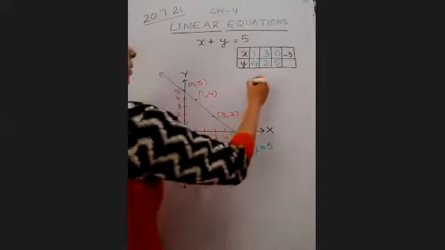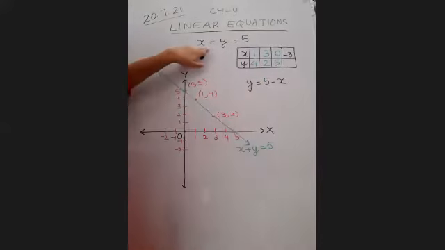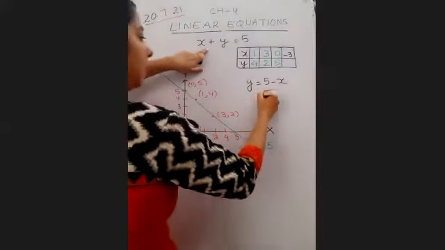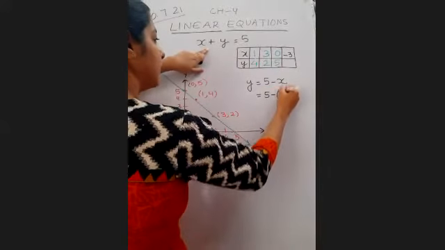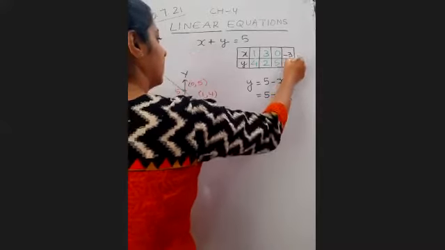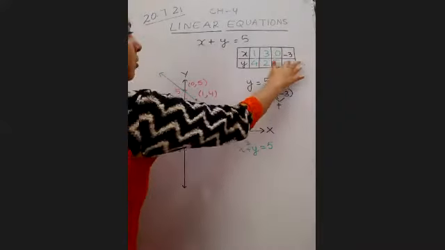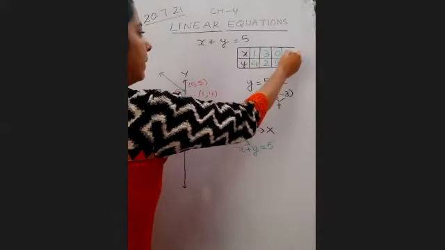From here, y is 5 minus x. Right? So it is 5 minus, and x we have taken minus. Minus, minus. Y has to be plus 8. -3 plus 8 will be 5.